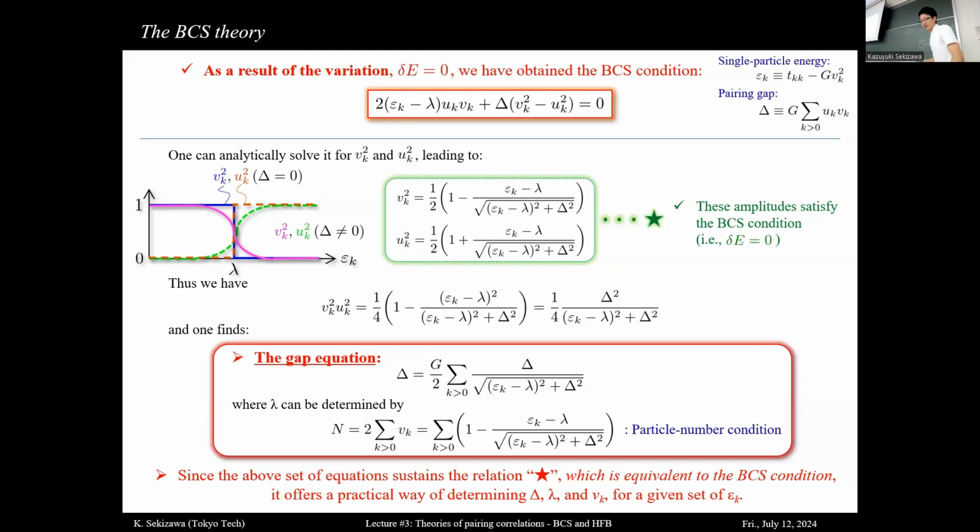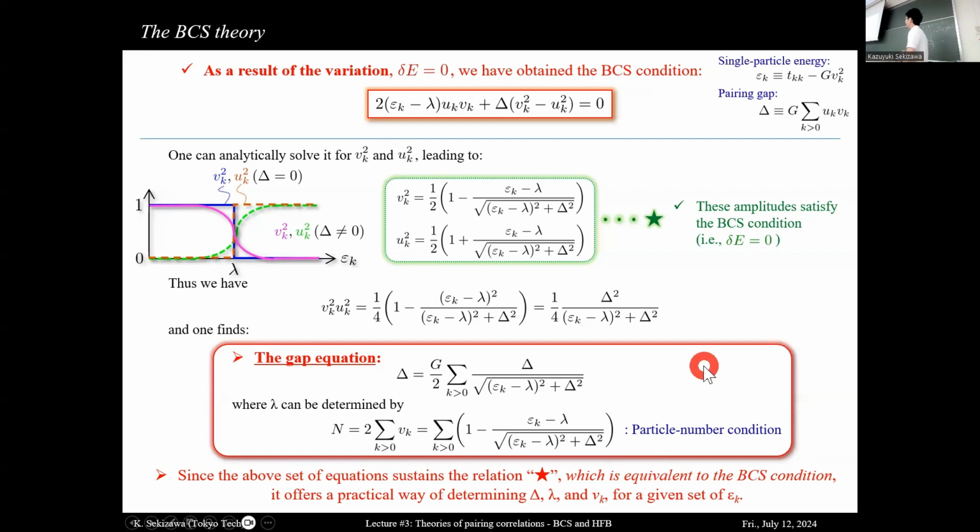Okay. But in the rest of this lecture, I will just briefly introduce a more sophisticated approach. In this case, the pairing gap equation is externally or additionally introduced to introduce the pairing correlations through the occupation probabilities.